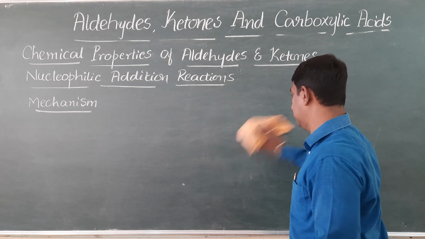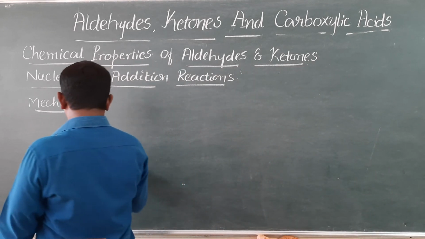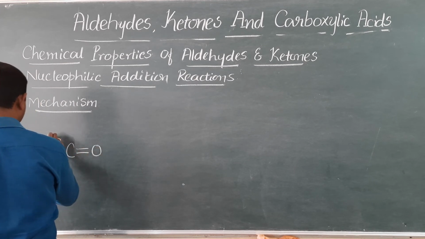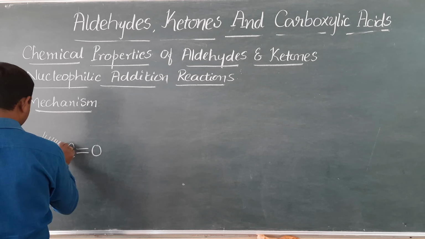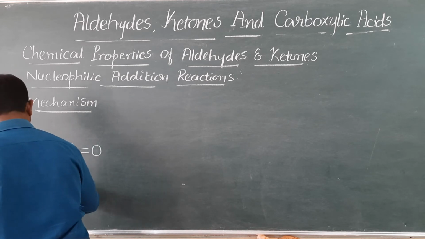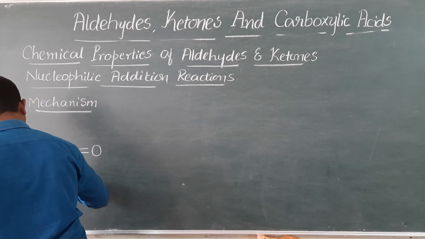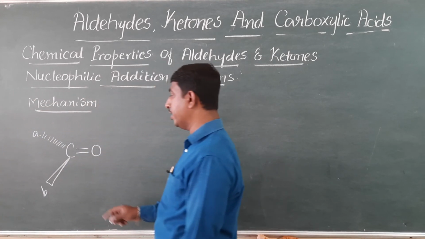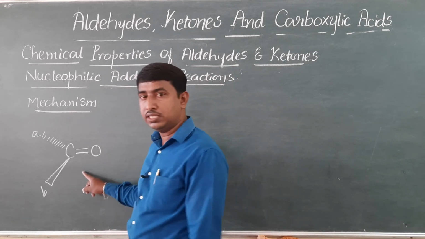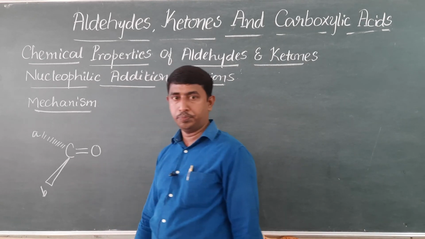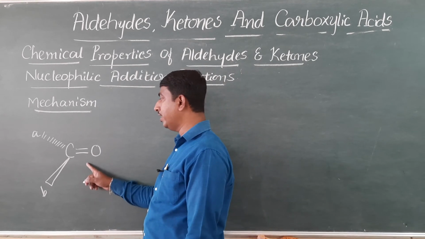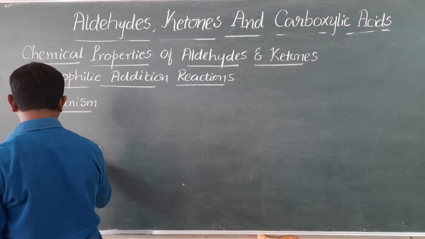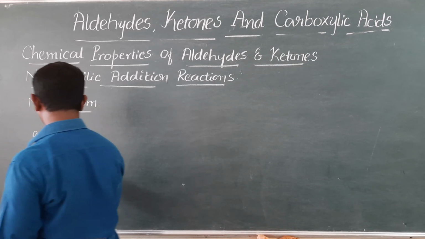Let us write the mechanism. These two groups I will name A and B. This is the polar carbonyl group, either aldehyde or ketone, with a polarity, delta plus and delta minus.